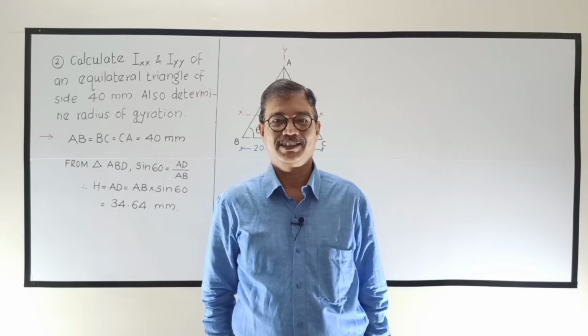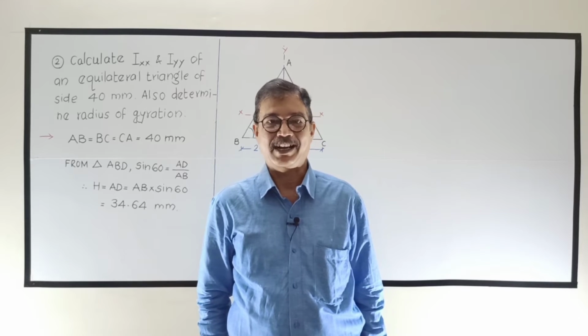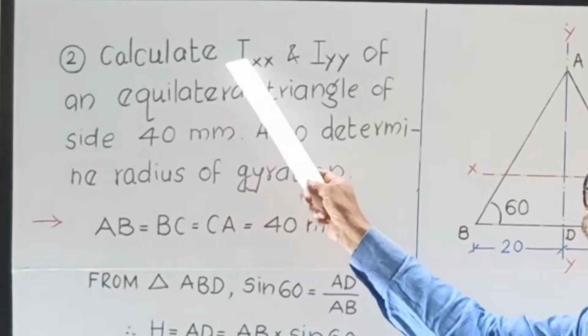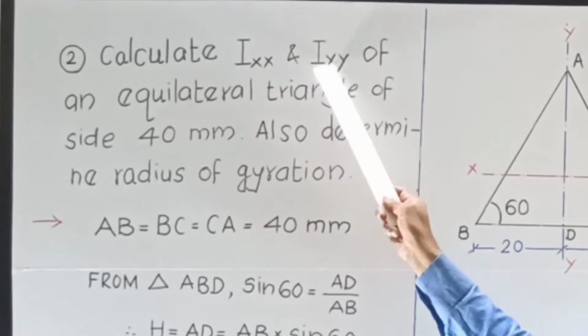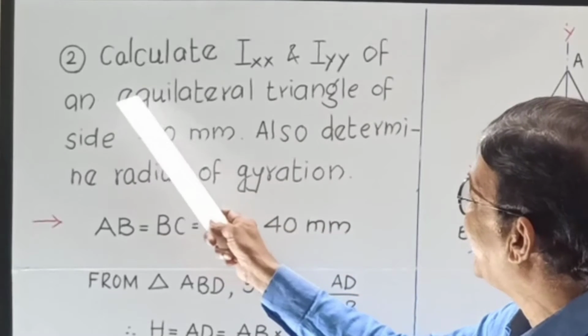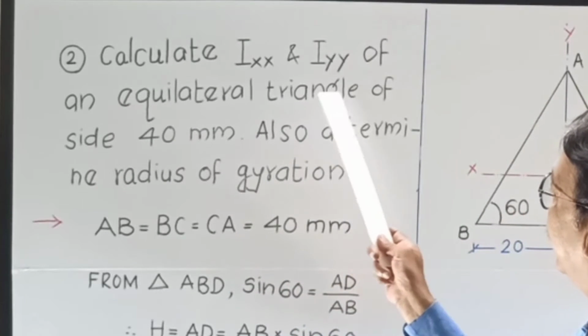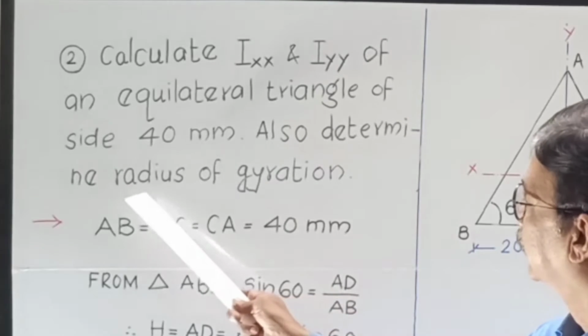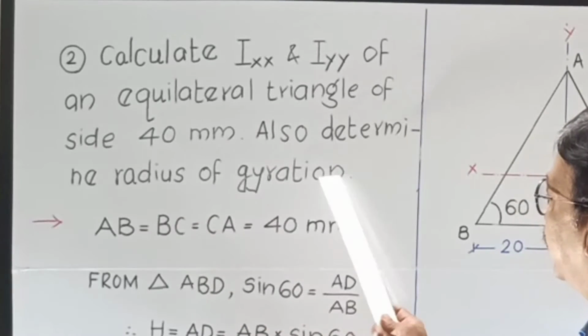Let us take the second problem of triangle. Take down the problem. Calculate Ixx and Iyy of an equilateral triangle of side 40 mm. Also determine the radius of gyration.